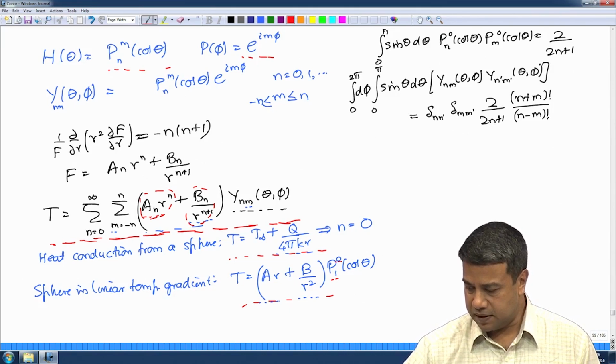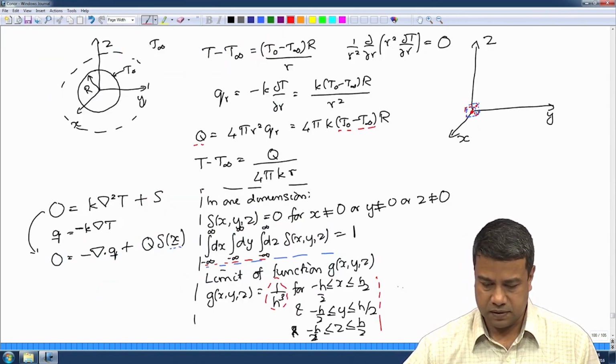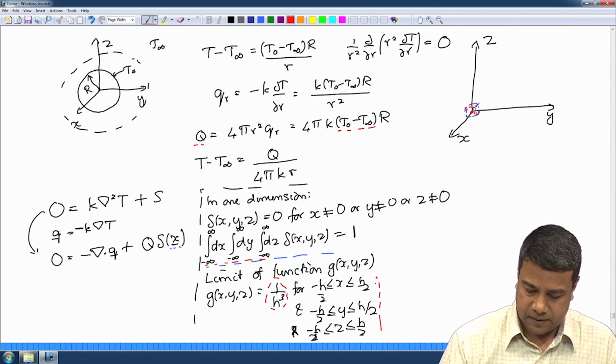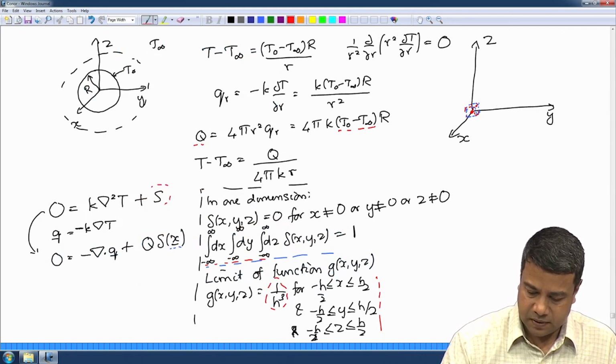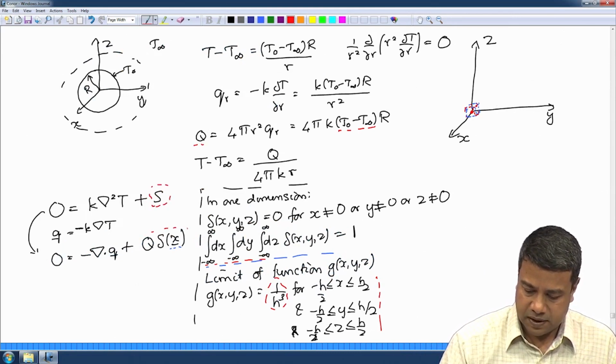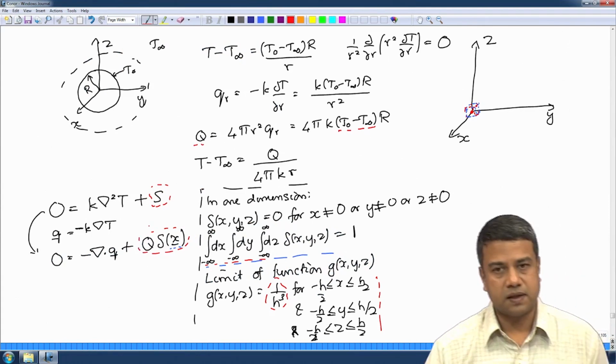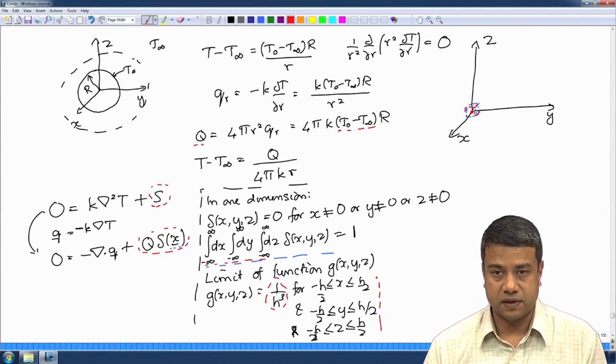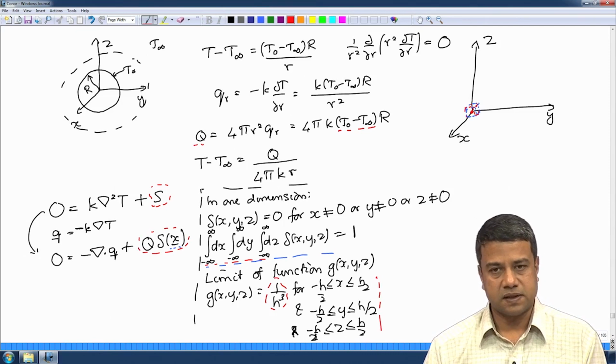So, I had defined the heat conduction due to a point source, wherein the inhomogeneous term in the equation is equal to an energy generated per unit time times the delta function. Delta function is an idealization of a function which is non-zero only at one point. It is 0 everywhere else in space.